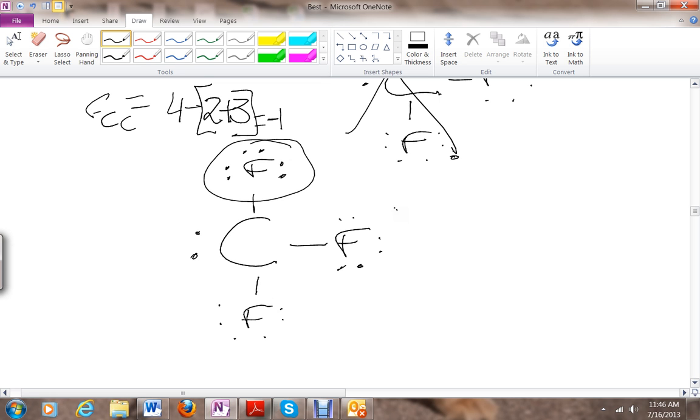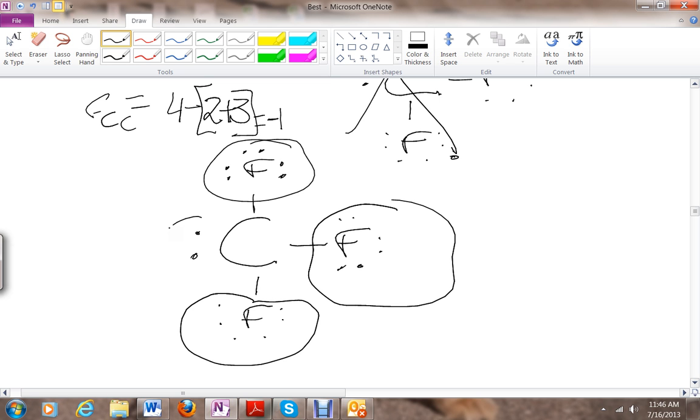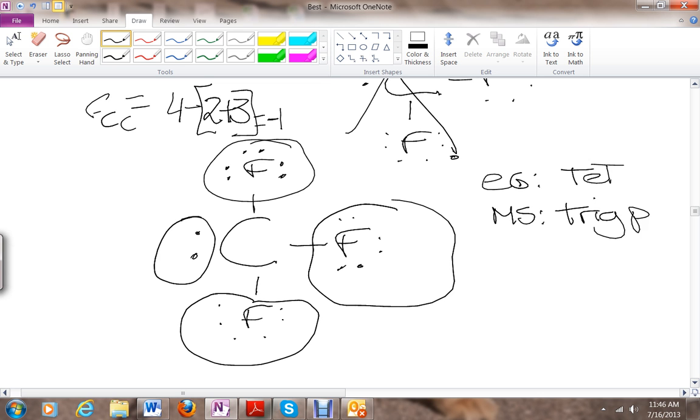Electron geometry would be tetrahedral, okay? But you got one lone pair and three bonds. So electron geometry would be tetrahedral, and molecular shape would be trigonal pyramidal. Okay. Is it polar? Yes, it is. Not only that, from the chart you can see that it's already not symmetrical.